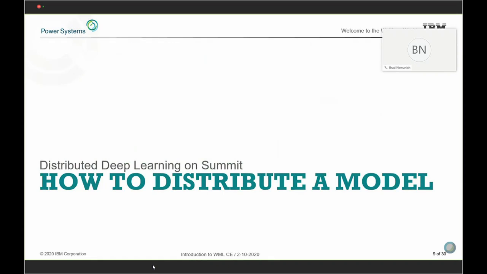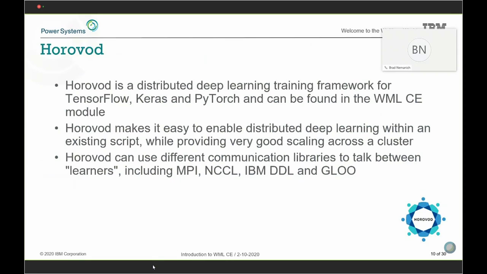Now we'll start going through, step by step, how to actually modify a model to distribute it. The main tool we use when performing data parallel distributed deep learning jobs is Horovod. Horovod is a distributed deep learning framework with integrations into TensorFlow, Keras, and PyTorch, and is available in the WML-CE module.